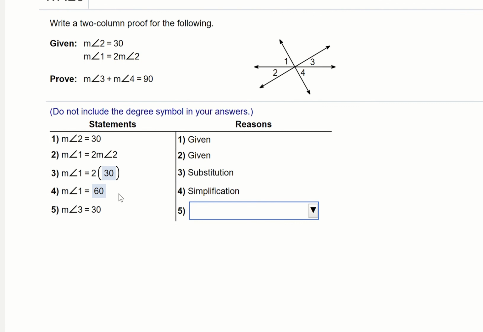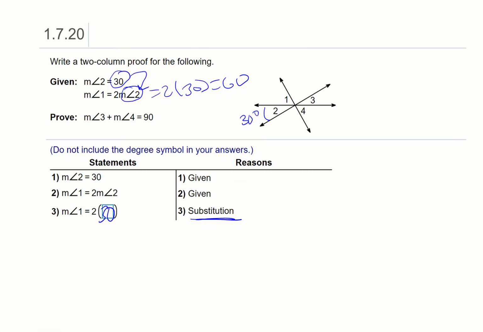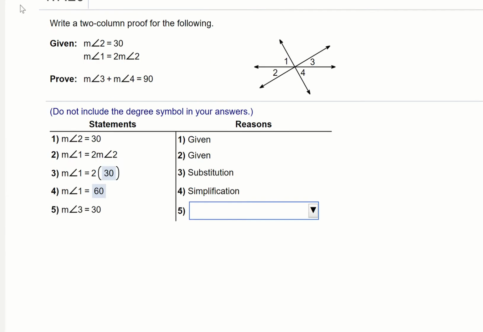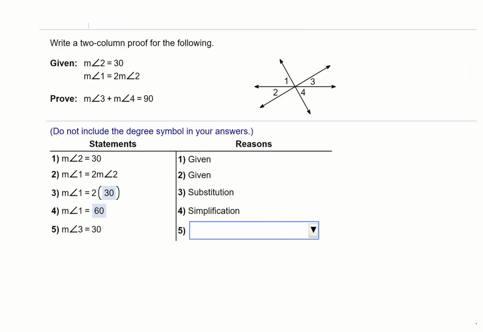And then angle 3. If we look at the diagram, we know that this is 30 and angle 1 is 60. So if you look at the diagram, you can tell that angle 2 and angle 3 are what we call vertical angles.